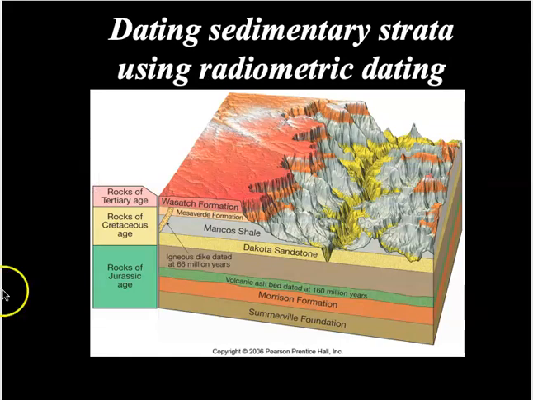Now, if I look at this beautiful example of very famous rocks in the United States, only the ones made out of crystals, for example, this igneous dike, can be used with radiometric dating. The sedimentary rock is not good for that. And a lot of this earth is made out of layers of sedimentary rock.